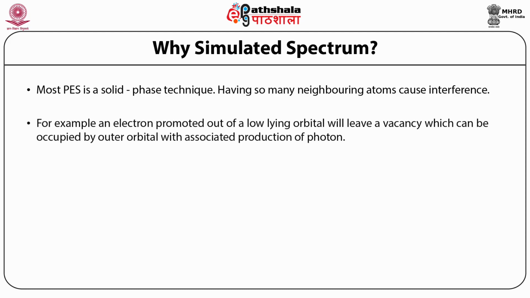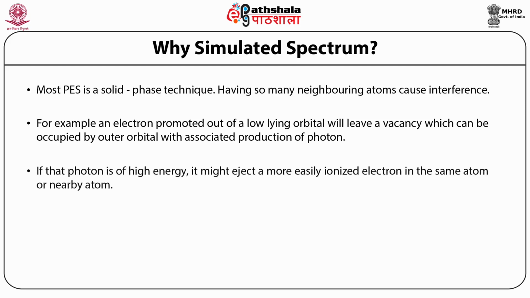For example, an electron promoted out of a low-lying orbital will leave a vacancy which can be occupied by an outer orbital electron, with associated production of a photon. If that photon is of high energy, it might eject a more easily ionized electron in the same atom or a nearby atom.